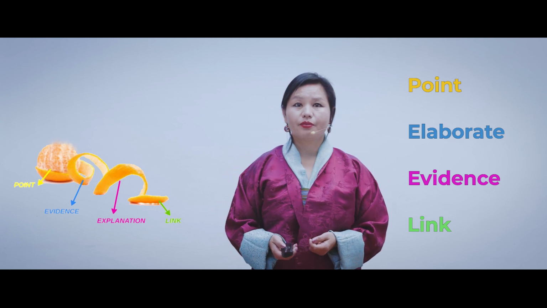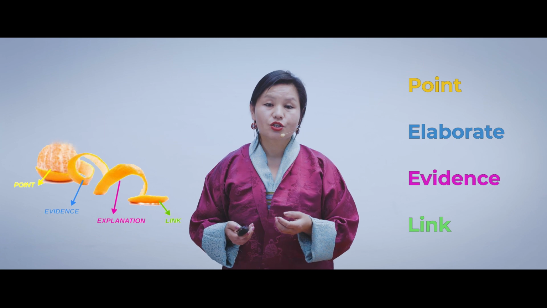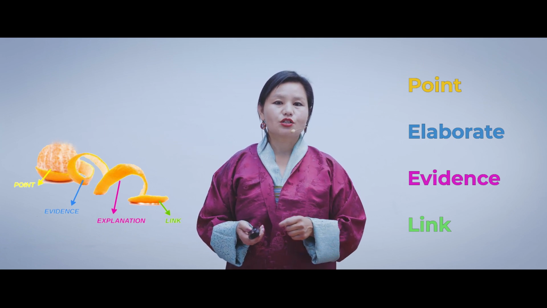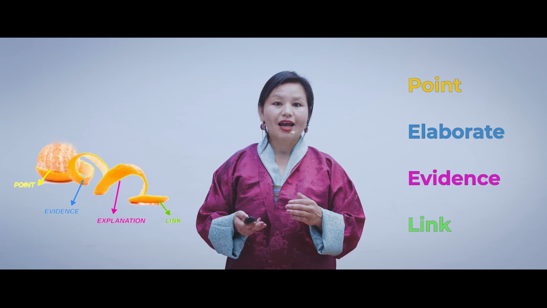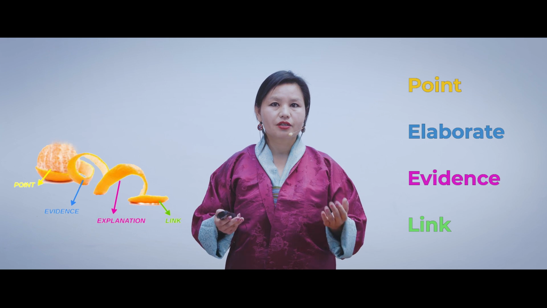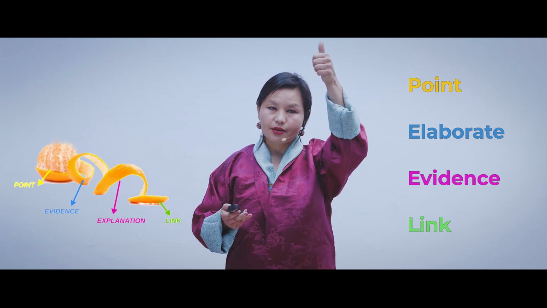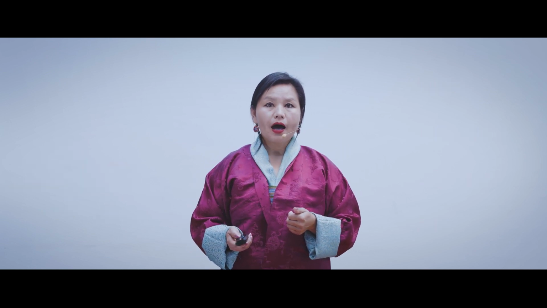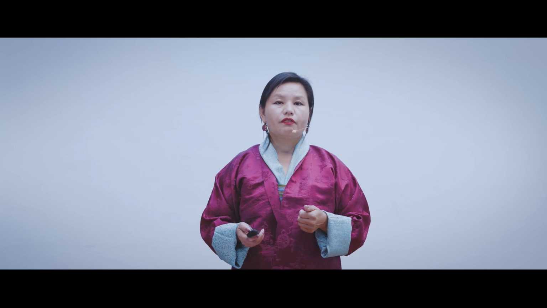E stands for elaboration. You have to bring evidence to support your example. And then, of course, L stands for link. You need to link one idea to another so that all your ideas are strongly connected and talk about one main thesis statement. So that is PEEL.